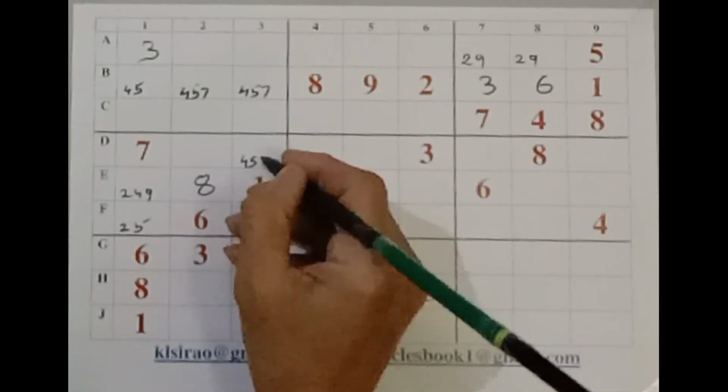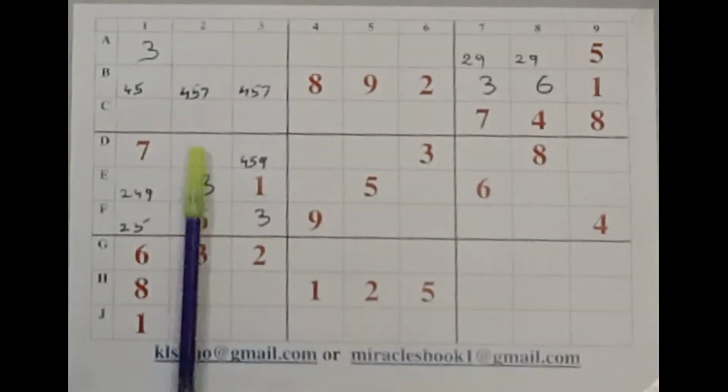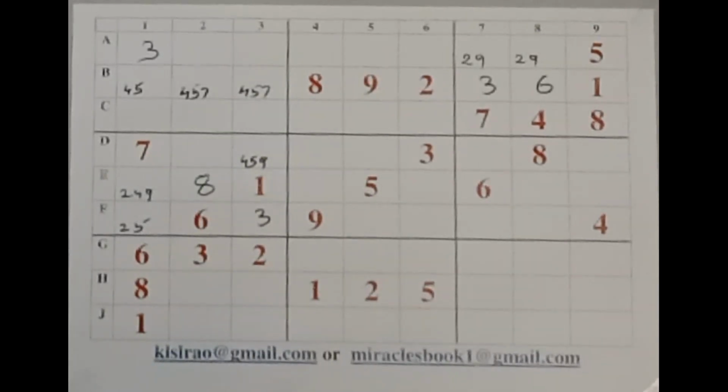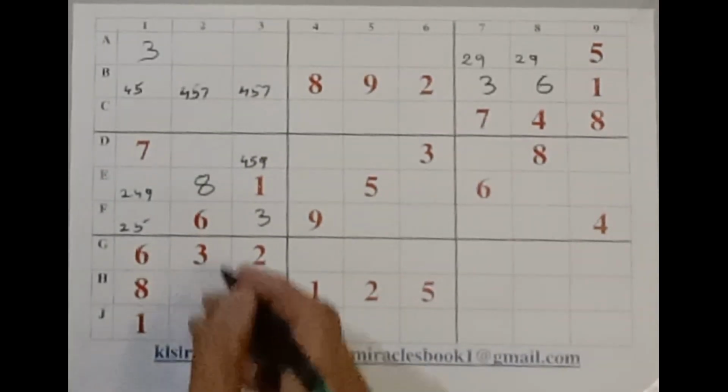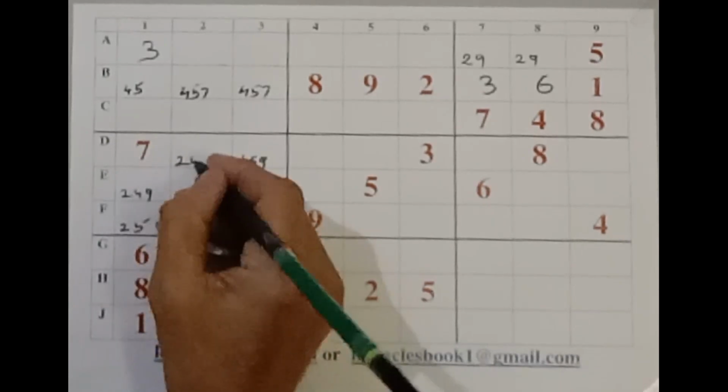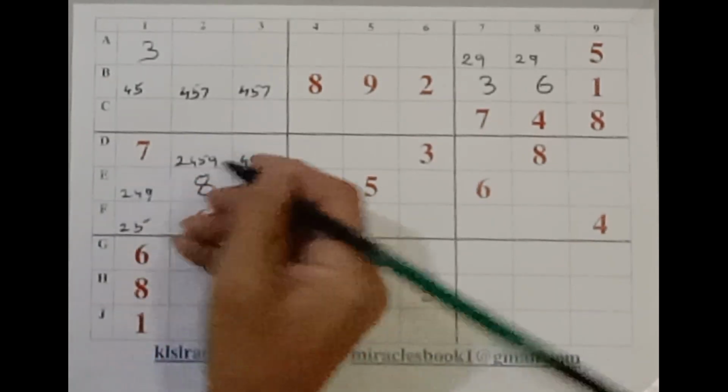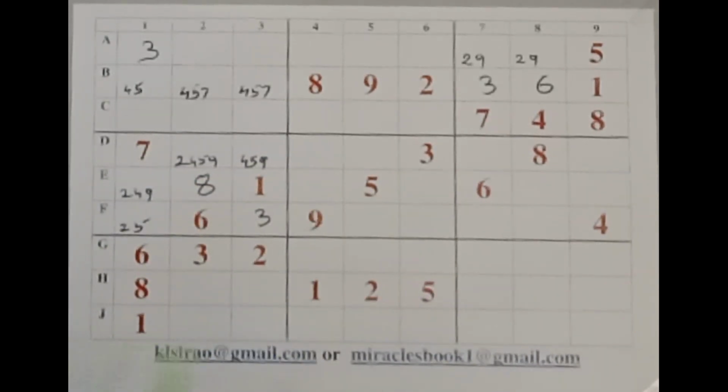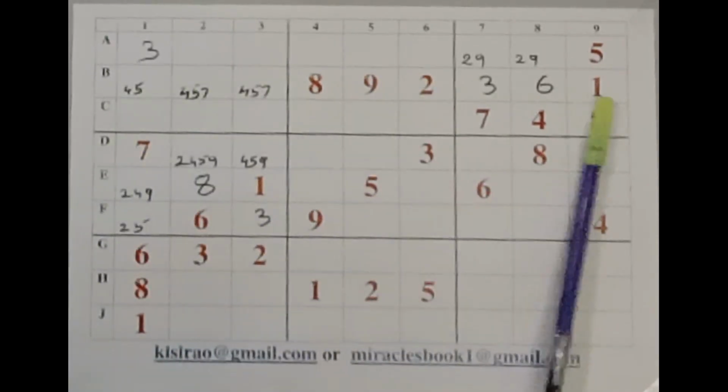And here, no cross check: 2, 4, 5, 9, all 4 numbers here. Okay, now we may not complete this strip.